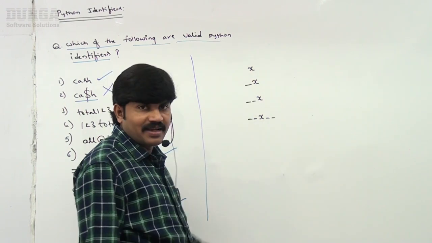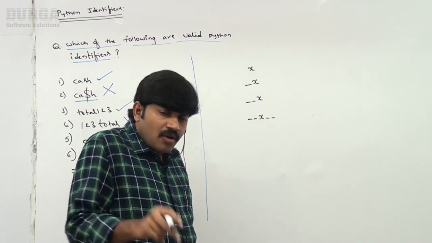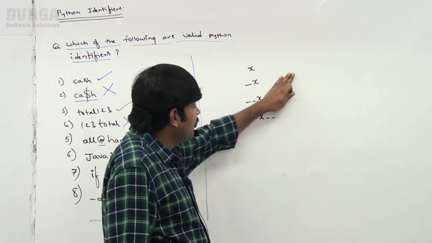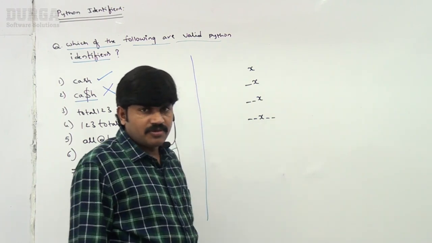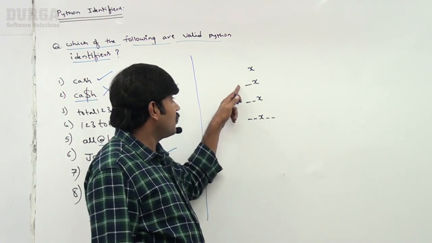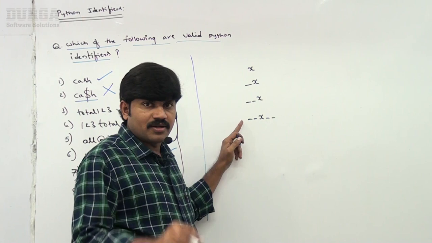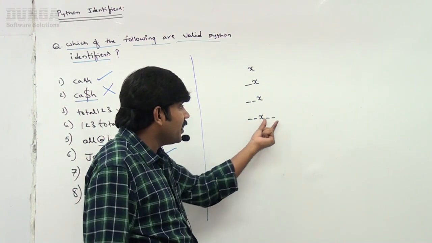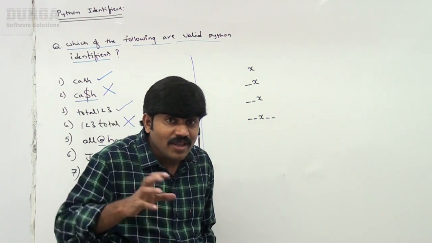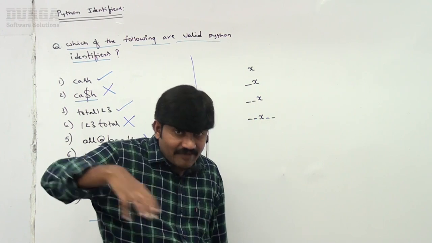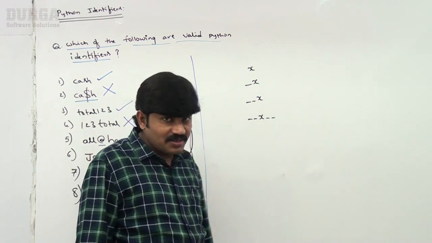All are valid Python identifiers. Now, is there any difference between these? Can you please spell out the difference: without underscore, with one underscore, with two underscores at the beginning, and two underscores at the beginning and the end? Are there any specific conventions because of these?